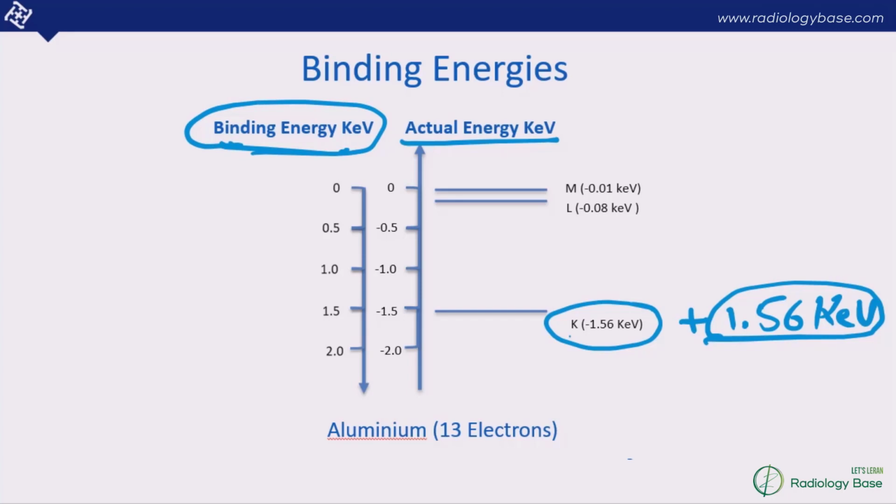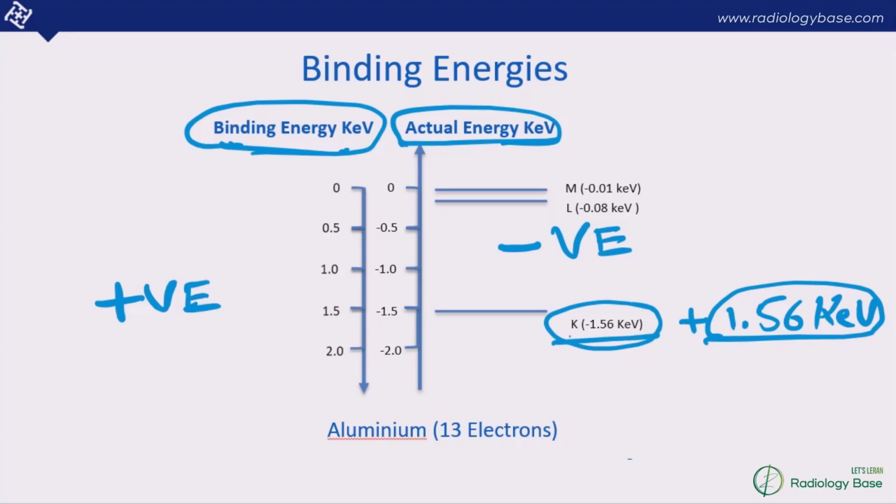And these binding energies are always positive values, whereas the actual energies or the net energies of electrons are going to be net negative values. So just converting the shell or electron energy, which is negative, to a positive value is going to give you the binding energy for that particular electron or electron shell.